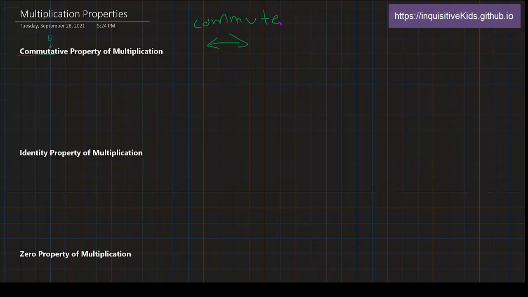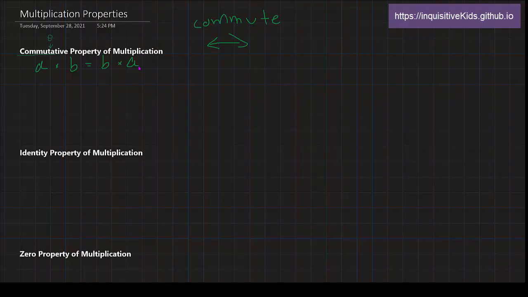So what does this have to do with the commutative property of multiplication? Well, the commutative property of multiplication says that when one number A multiplies another number B, it's the same thing as the second number B times the first number A. You probably heard of this before.